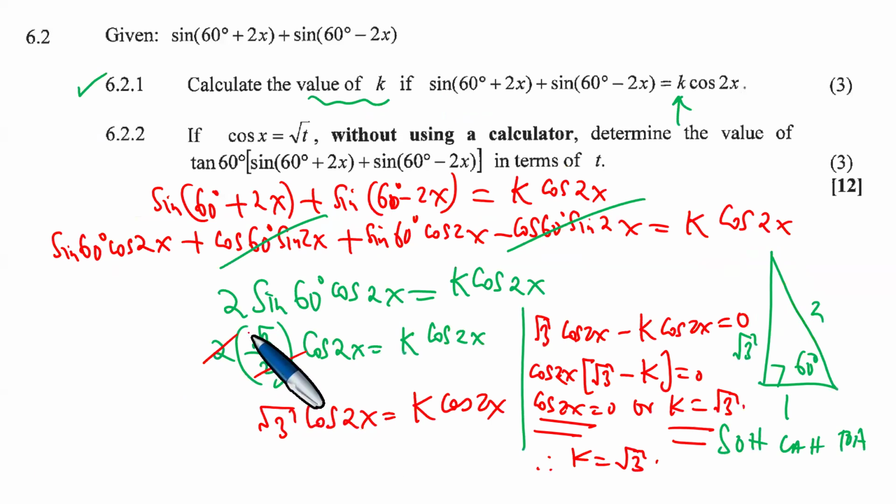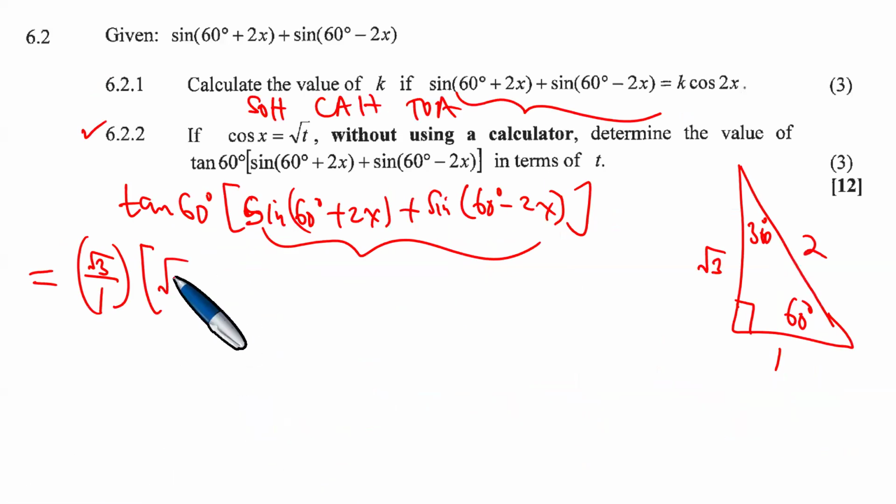On the left of the equation, we worked it out and it came down to the square root of 3 times cosine 2x. So we're going to write it here because we already know this whole thing is the square root of 3 cosine 2x. We could do it again, but we already know it from the first question. So the examiner did not quite expect a repetition of the process there.